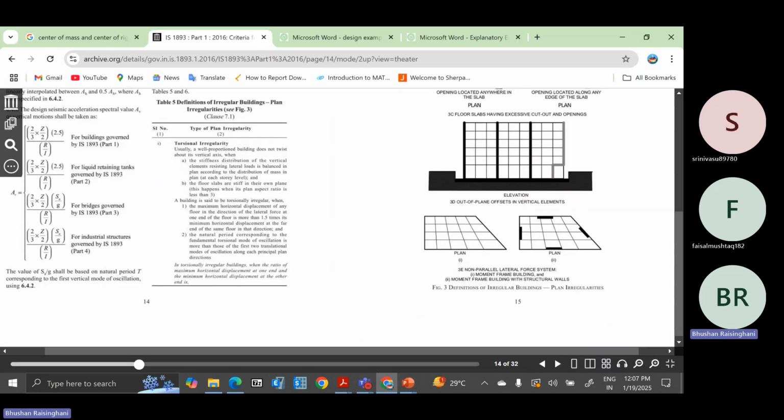I hope the requirements of the code, four requirements, have been mentioned. One is for well proportioned buildings, two requirements. One is for torsionally irregular buildings, what not to do and what to do have been mentioned. So if there is no further query on this, we can go ahead.